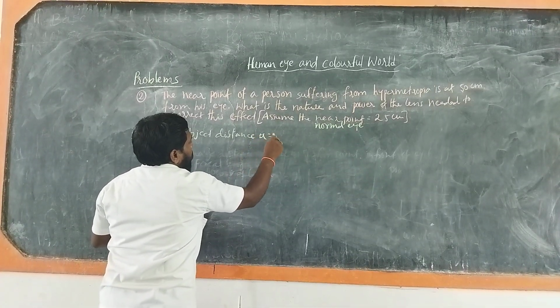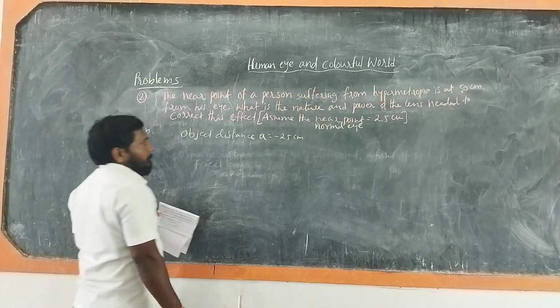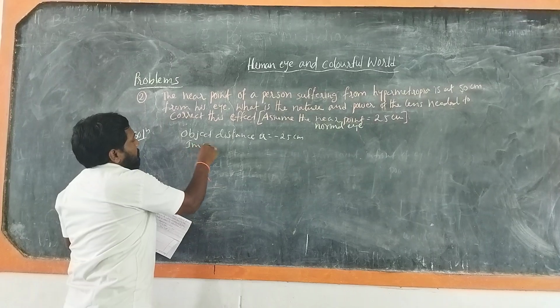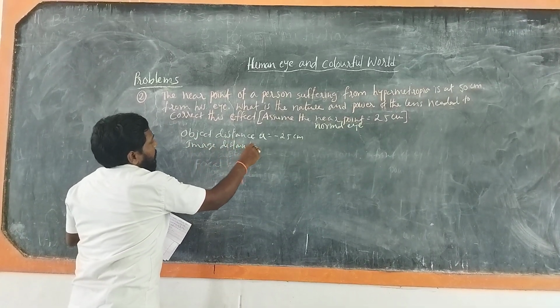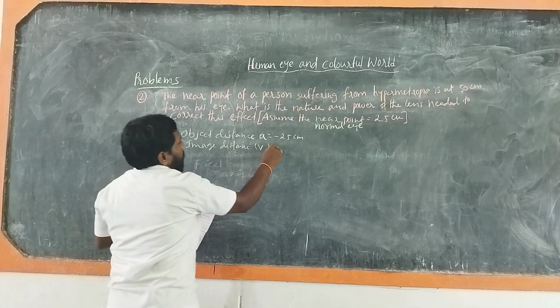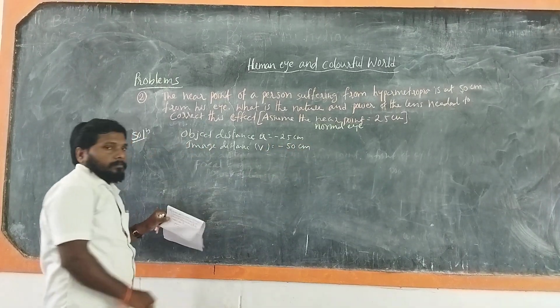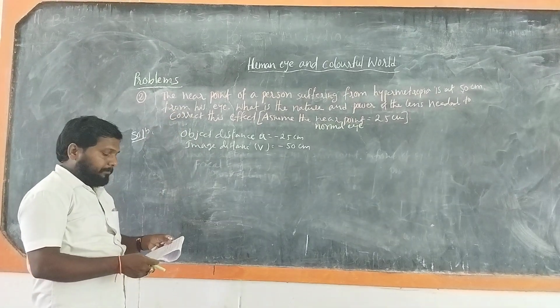U is equal to minus 25 centimeters. Image distance V is equal to how much? Generally 50 centimeters. So the person is able to see at 50 centimeter distance.